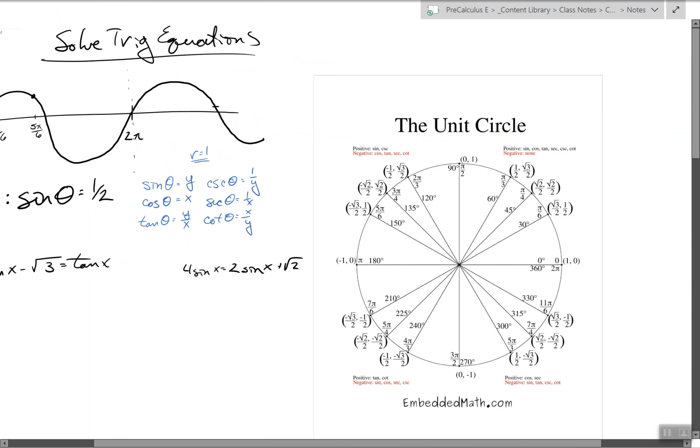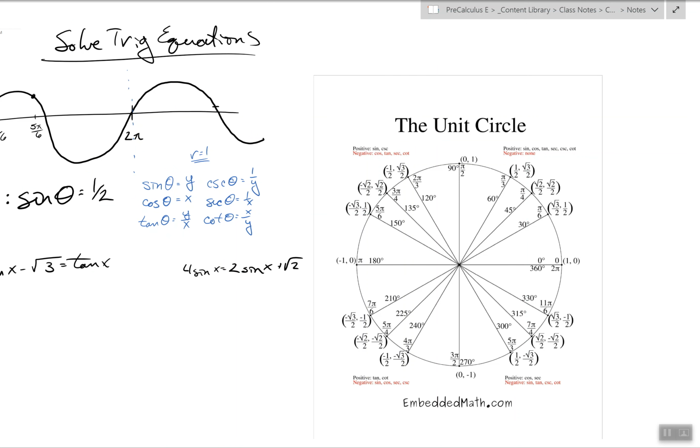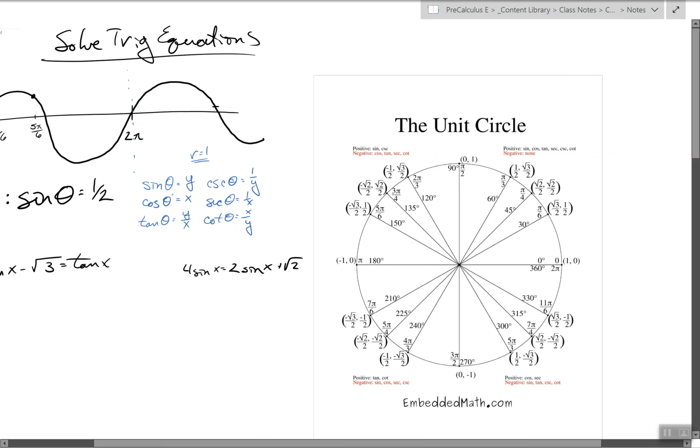If we look at this equation, sine theta is equal to 1/2. If we want to verify the answers with the unit circle, we would be looking where the y-coordinate is equal to 1/2. So the y-coordinate has a value of 1/2 here in the first quadrant, here in the second quadrant, here in the third, and right there in the fourth quadrant.